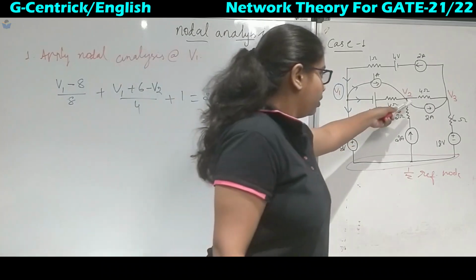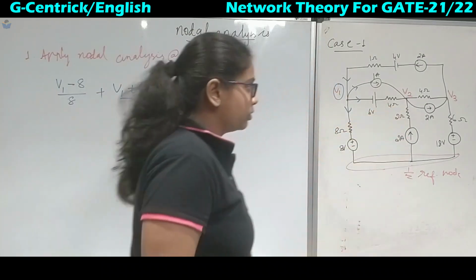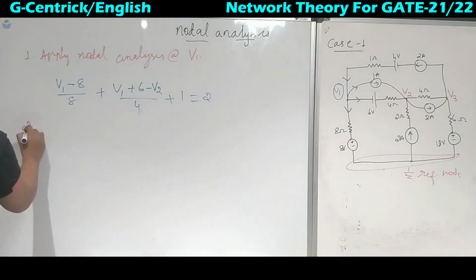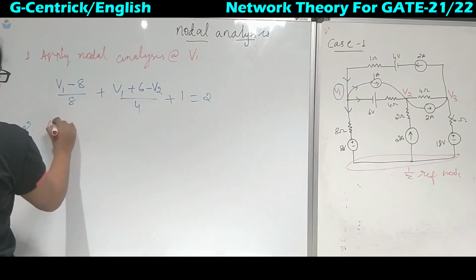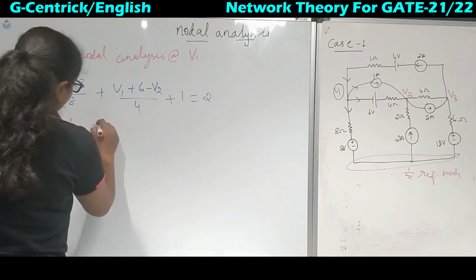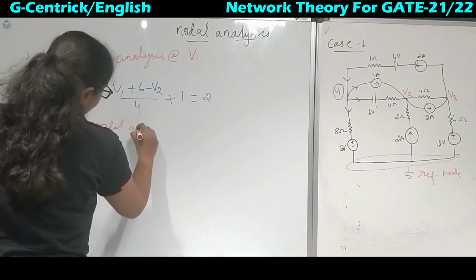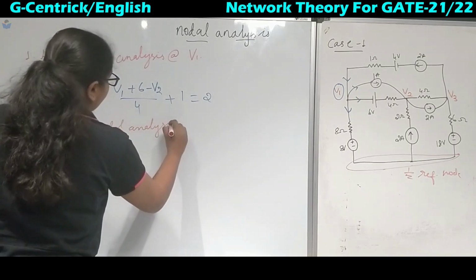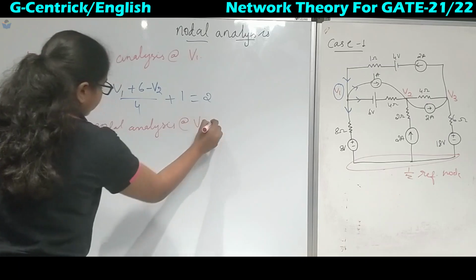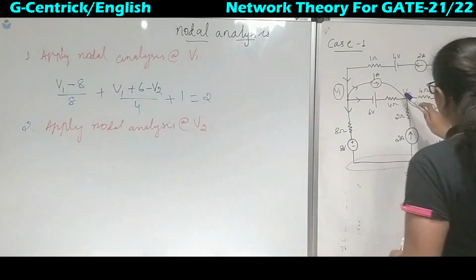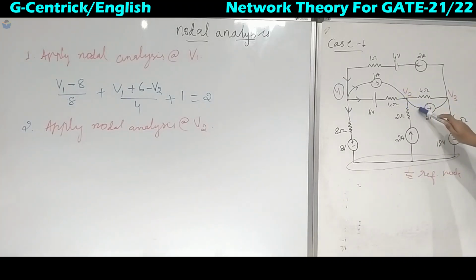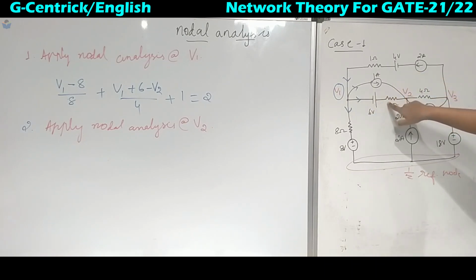Now coming to the node V2. The second step is to apply nodal analysis at V2. Count how many branches there are: 1, 2, 3, 4 and 5. Now you are writing the voltage of V2, and here the direction of the current is this way.